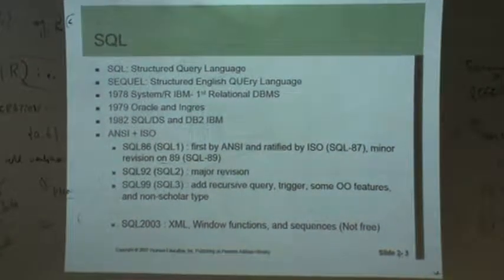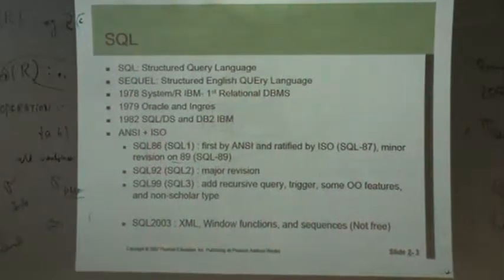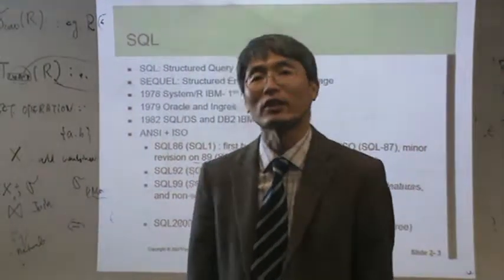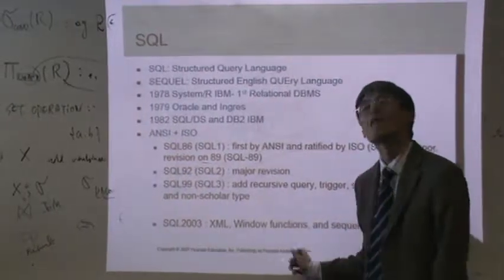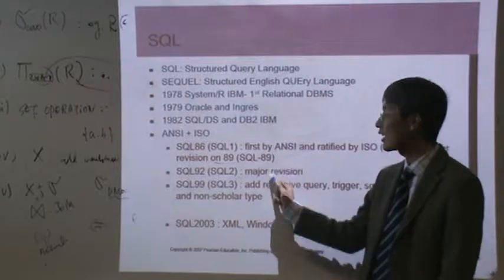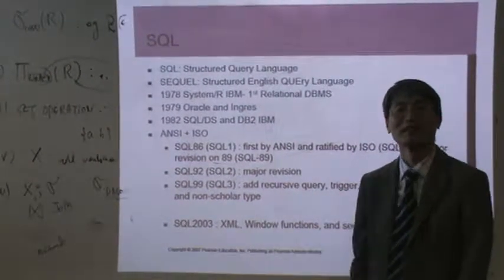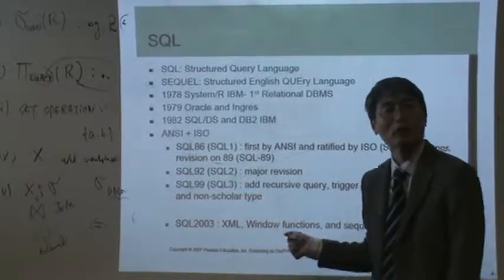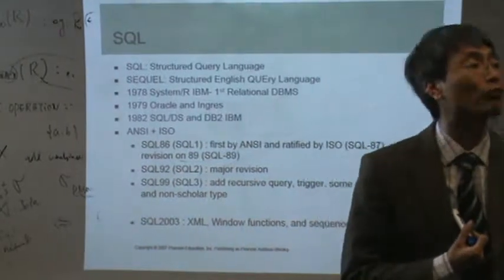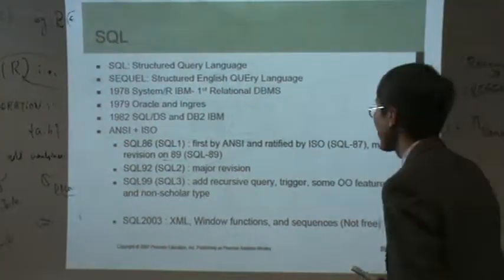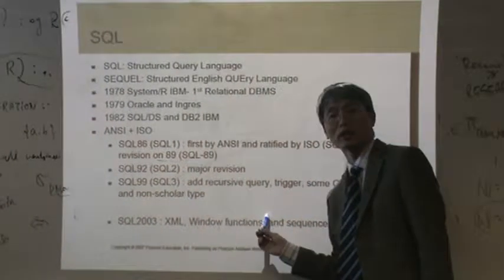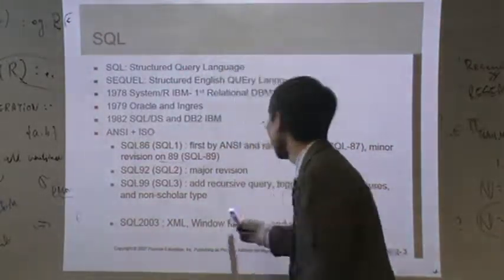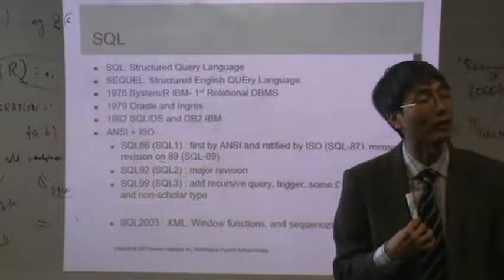However, because of this, the database field has a huge problem. As you can see, from the SQL 2003 standard on, this is not a free standard. What does that mean? These earlier ones are free standards, but this is not. You need to pay. For example, if I developed my own relational database management system based on the SQL 2003 standard, my DBMS would support SQL 3 features like XML or closed functions in the relational database model.